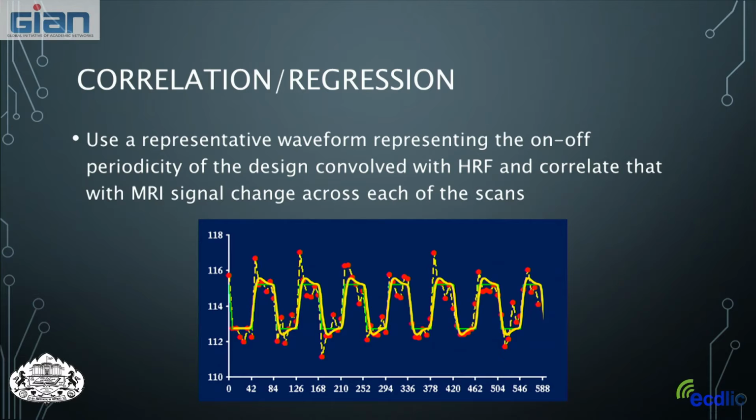So we're assuming, in event related or block designs, depending on our timing, that we have this turning on and off of a signal. So if we have our task, we can say, okay, the lower parts of these blocks are at rest, the higher parts of these blocks are when this person was active in a task.